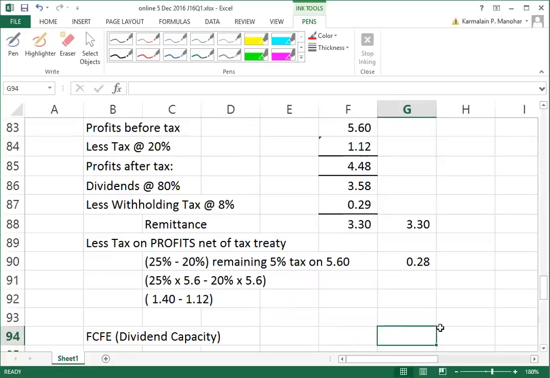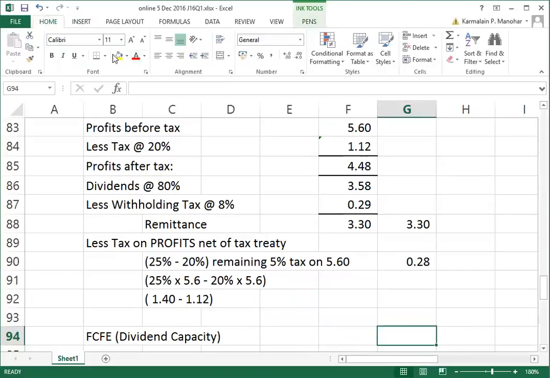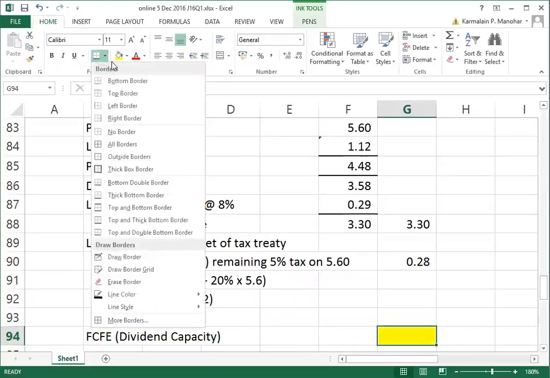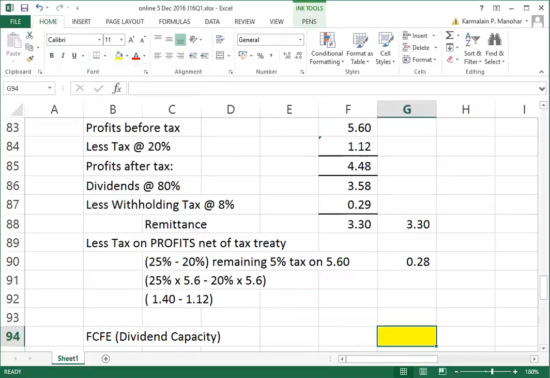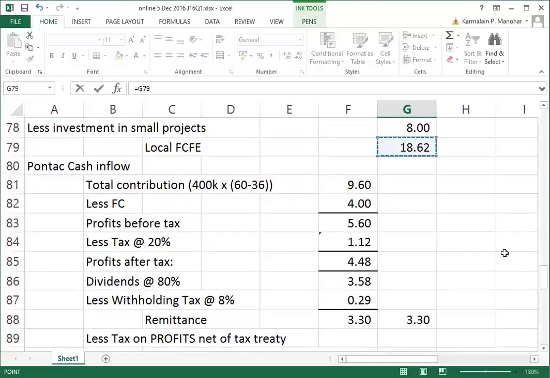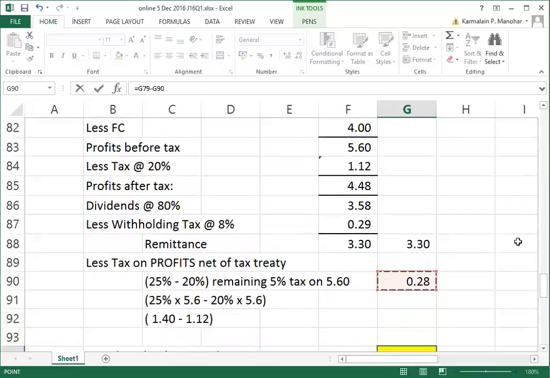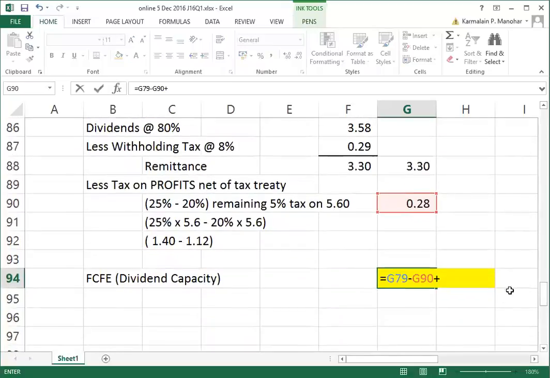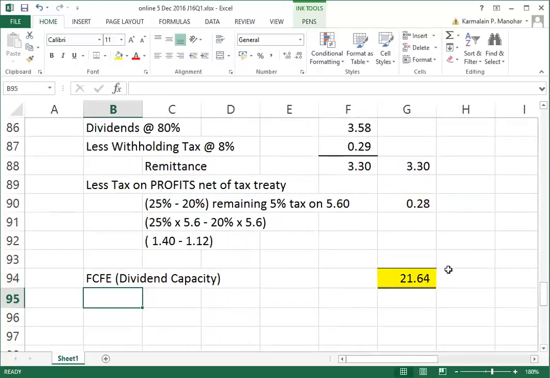So, equals up here minus there plus there. Then I'm putting 0.64.